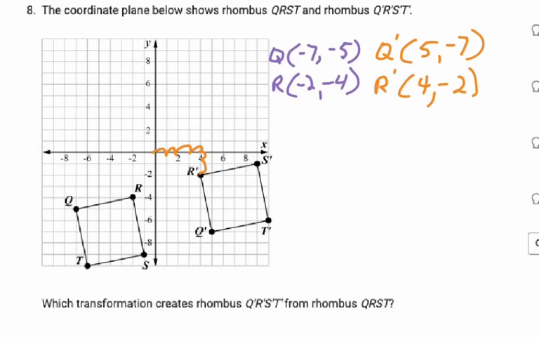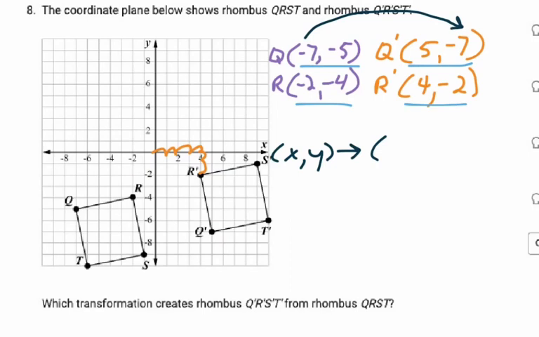Okay, well, look, what's the relationship? What's happening here between our X and Y? If you look at the Q, we have -7, -5 turning into 5, -7. And -2, -4 turns into 4, -2. So when we write our rule, what's going on? We know X and Y gets it started. First of all, they're switching positions. The X value is going over to the Y value spot, and the Y is doing the same thing.